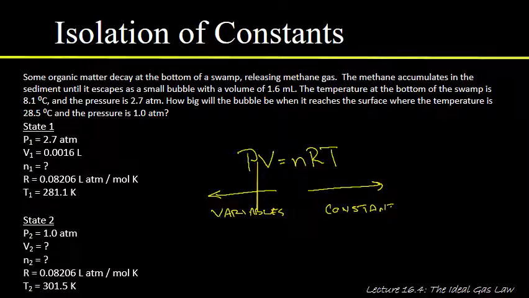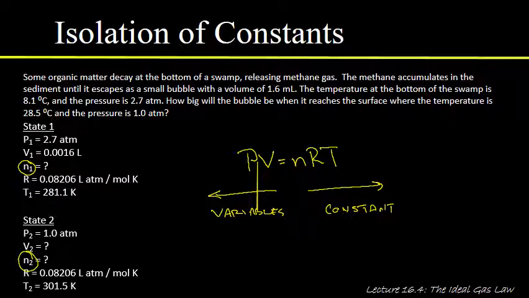I think when we did this before, we always had only one constant, but now that we've got 4 different things we're juggling, what we find sometimes is that some of these, in PV equals nRT, R, of course, is a constant, but some of the things that are traditionally variables are also constants. In this particular case, as we said before, since the amount of gas in the bubble is not changing, the number of moles of gas is actually a constant. And so I've written this here.